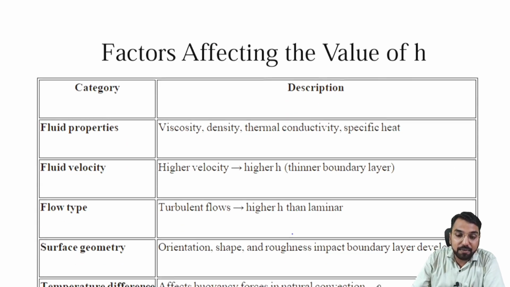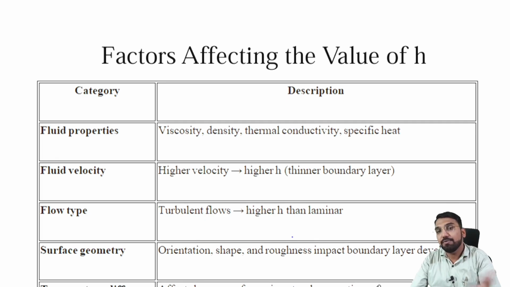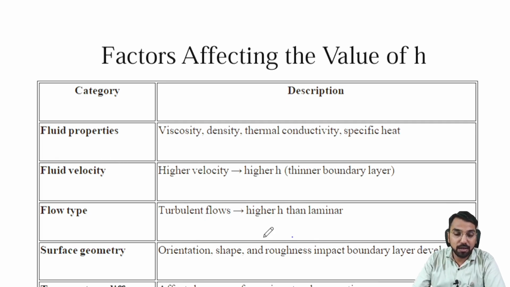So, the factors affecting the value of H, which we have just seen, I have put in a tabular form. The properties are viscosity, density, thermal conductivity, and specific heat, which is the heat a substance consumes to rise its temperature by 1 degree Celsius.